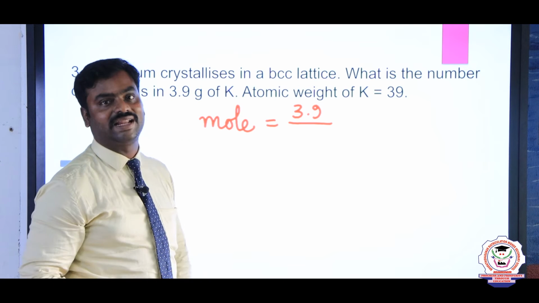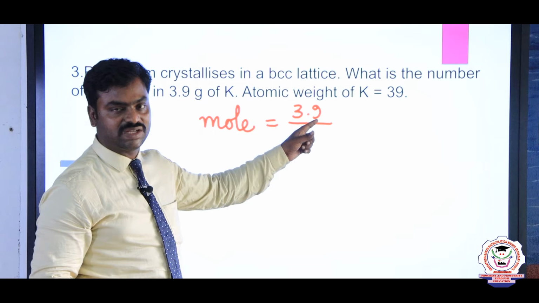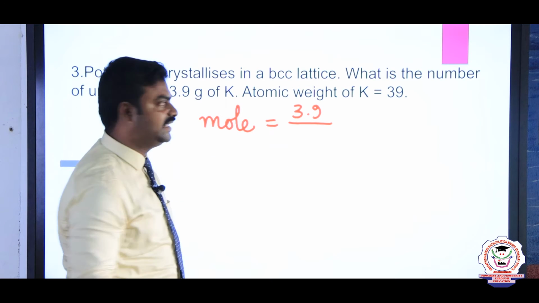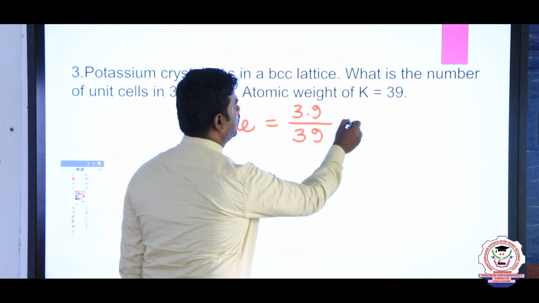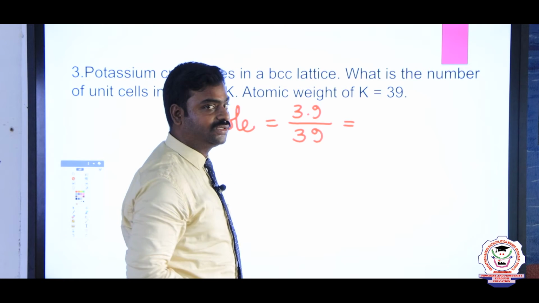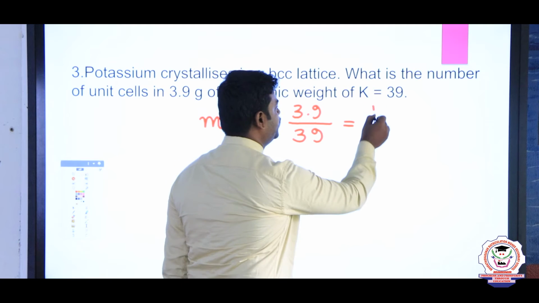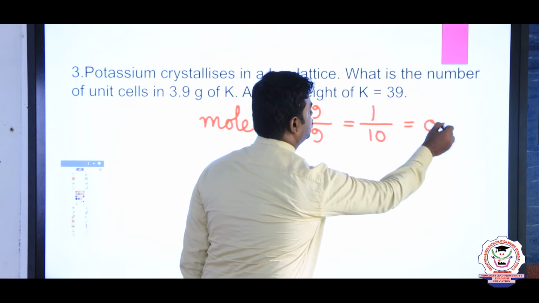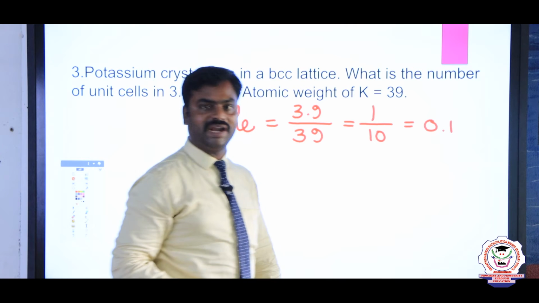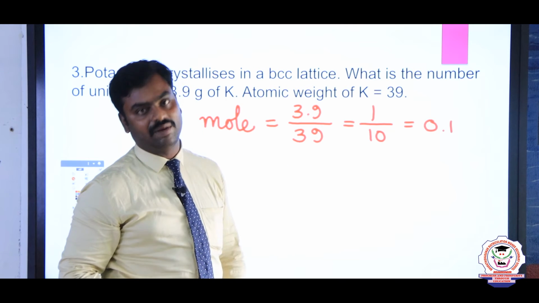Here we are talking about an element, so we have to use the atomic weight. The atomic weight is 39. When you cancel it out, you will get 1 by 10. The value is 0.1. So 0.1 moles are available.